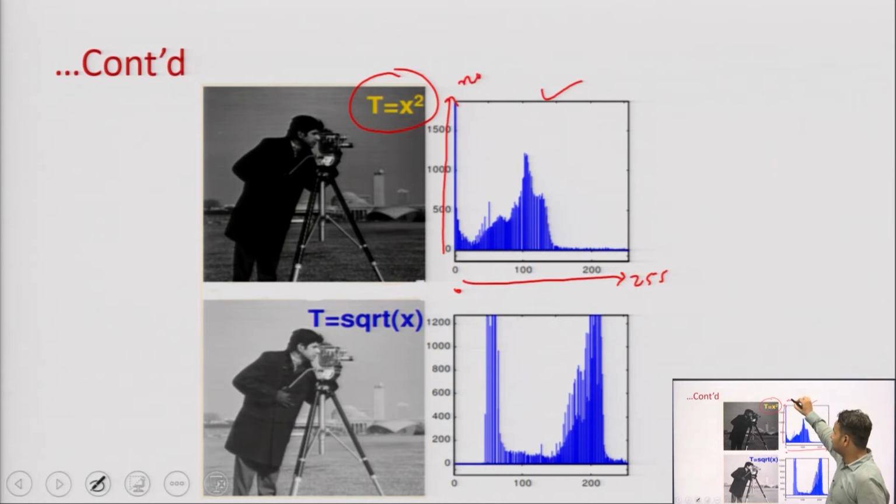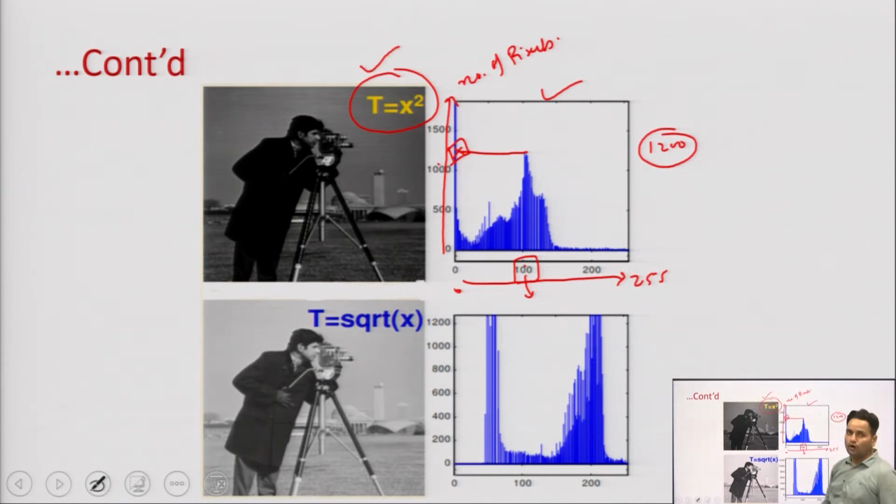Here, for the gray level value 100, you may say that around 1200 pixels hold the value 100. That is the meaning of the histogram. So, if we choose that kind of nonlinear equation, then your image will become like this. The enhanced version looks like this.